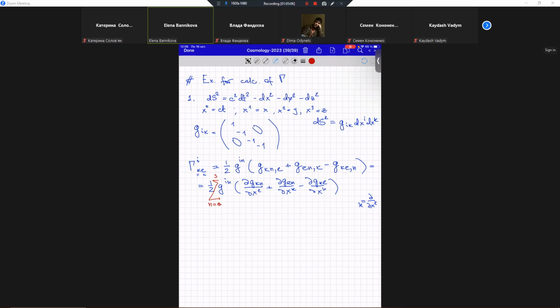But due to Einstein summation, usually we don't use this notation of sum, but we remember about this.